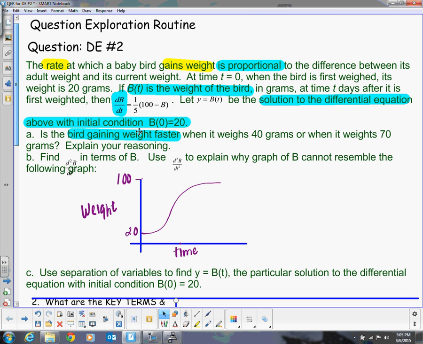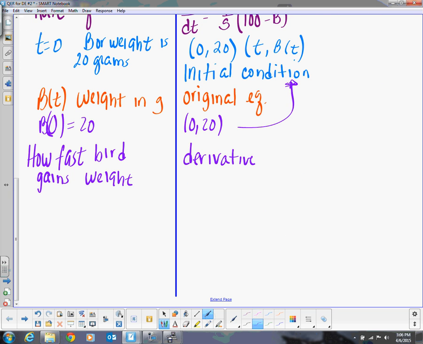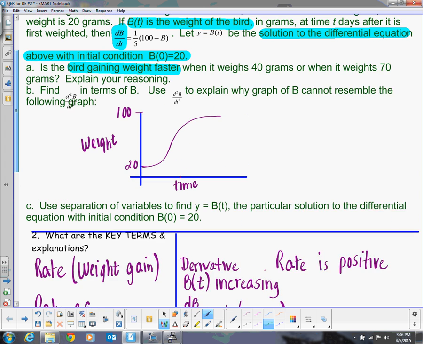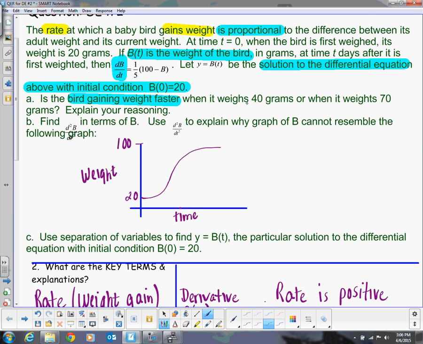And that's going to be when it weighs 40 or when it weighs 70. So tagging onto this, that means B equals 40, B equals 70. So they've given us two different weights. They didn't give us the time, but they did give us the weight. And we have to explain our reasoning.